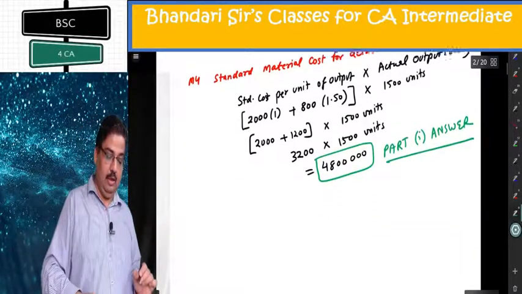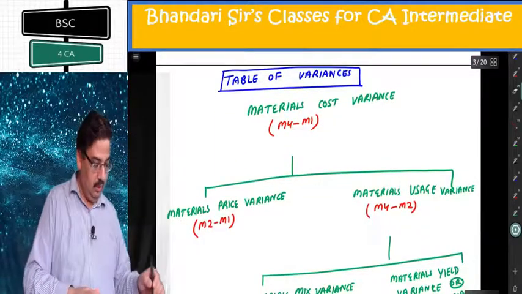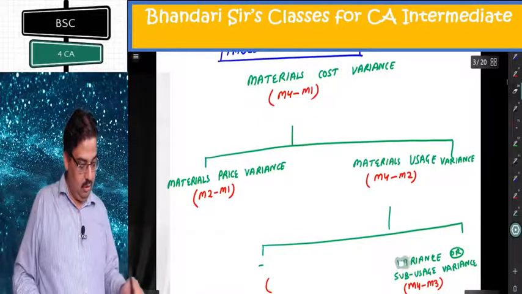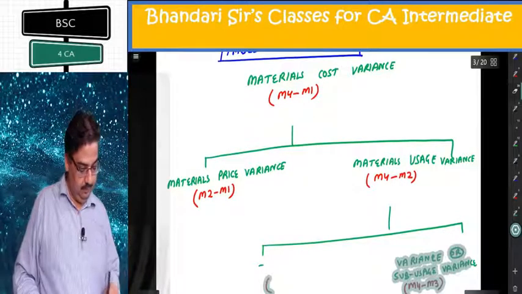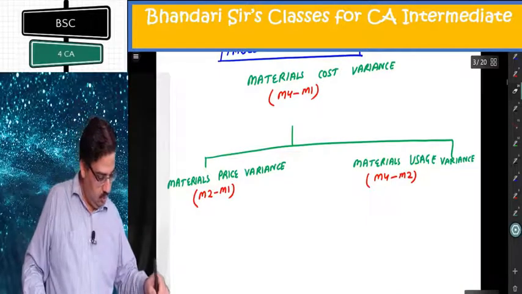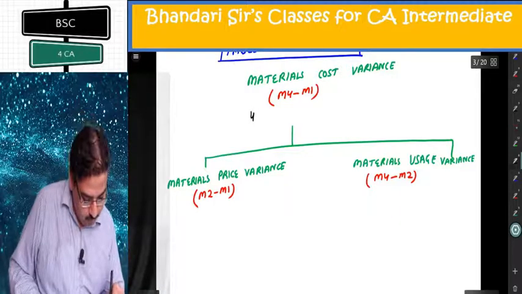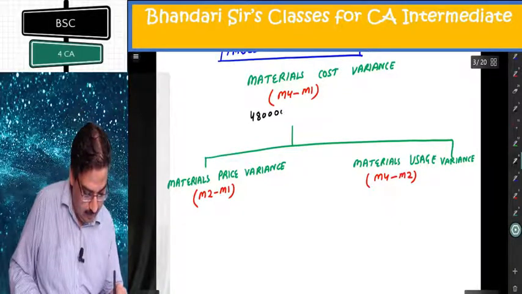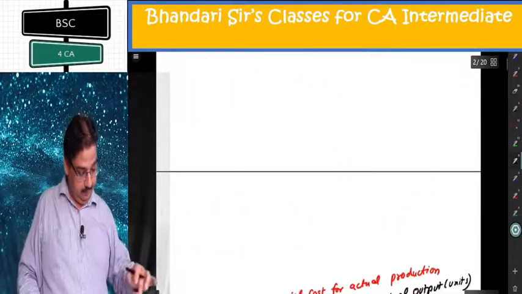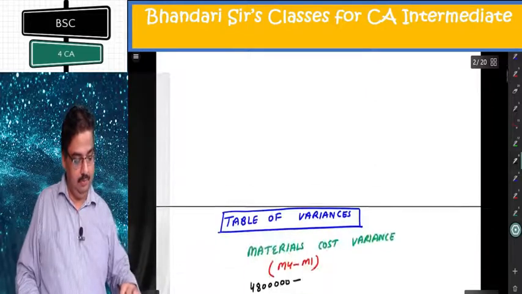Now I put the table only till middle level. The bottom level is not wanted. So what I am getting from the top? 48 lakh minus M1, 54 lakh 10,000.